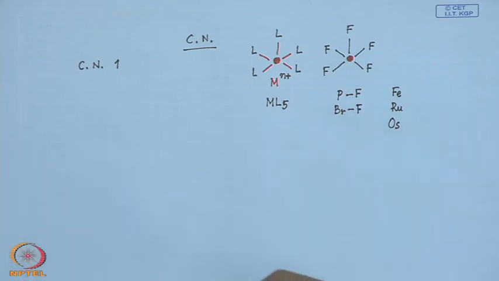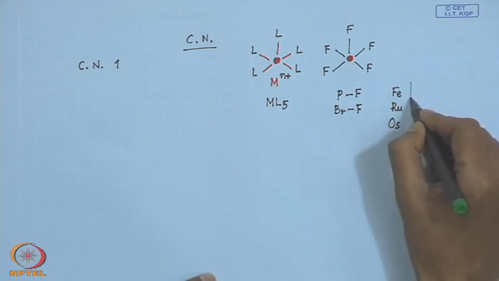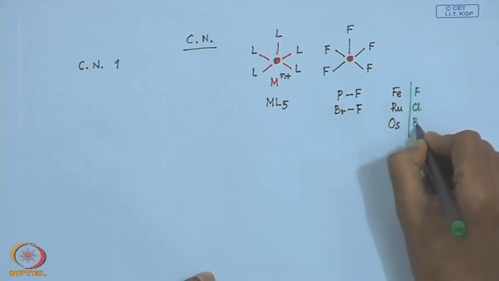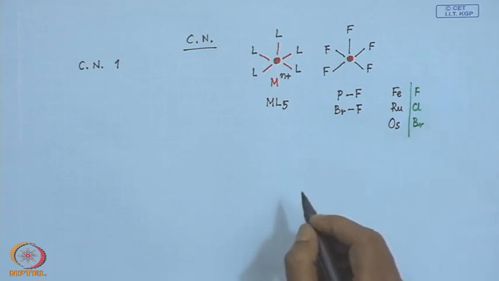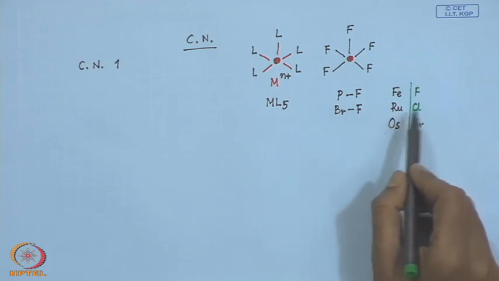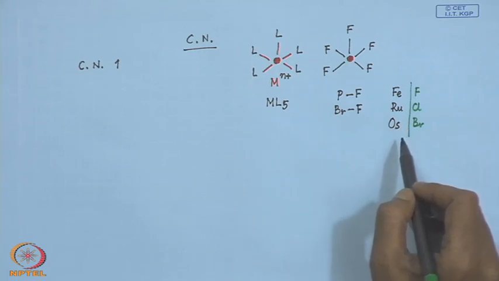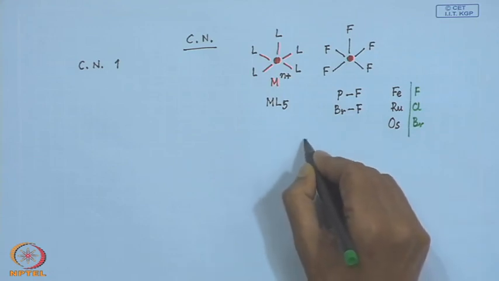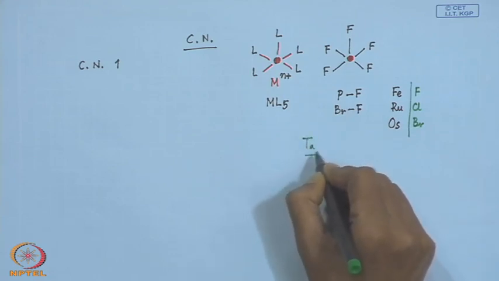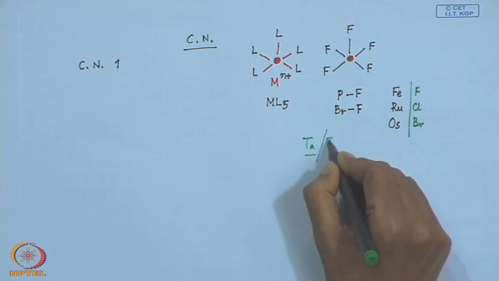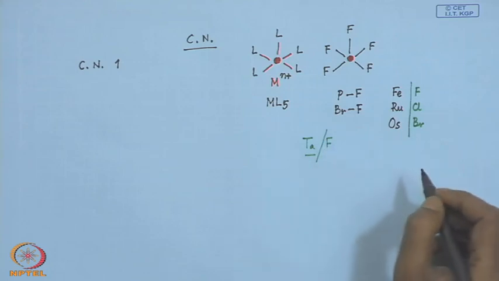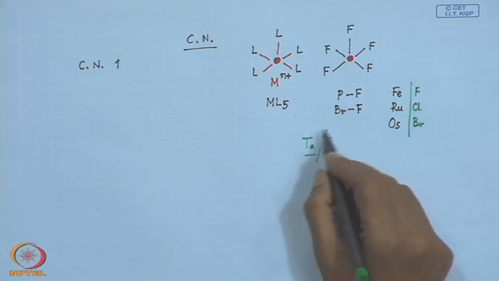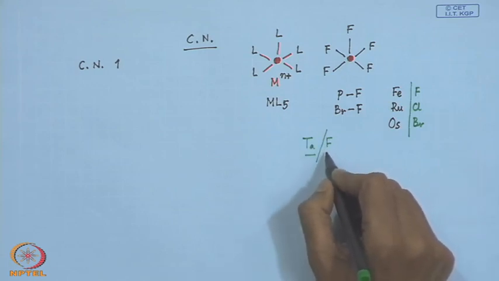In all these cases there are chances of having the corresponding fluoride, chloride or bromide salt. In the same fashion these metal ions or other metal ions, say tantalum, can form the corresponding metal fluoride when binding to the fluoride center.